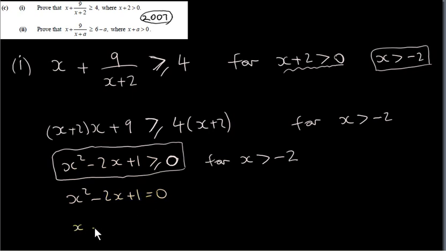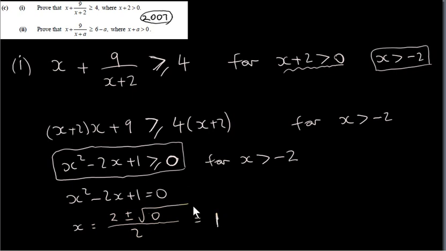The roots are minus b, which is 2, plus or minus the square root of (minus 2) squared, which is 4, minus 4 times 1. We end up getting 4 minus 4 in here, so we get 0. And we divide by 2 times 1, which is 2. So we get just a single root, 2 divided by 2, which is 1.